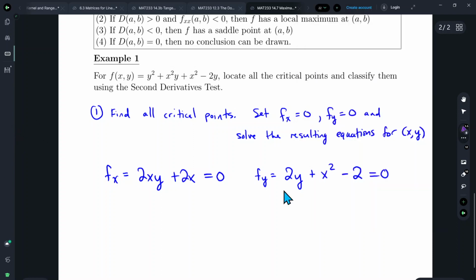So the strategy is to solve for one of the variables. Between the two equations, you want to find the easiest variable to solve for. In this case, it's going to be the variable y coming from this equation. So the strategy is to solve this for y, and then plug the result into the first equation.